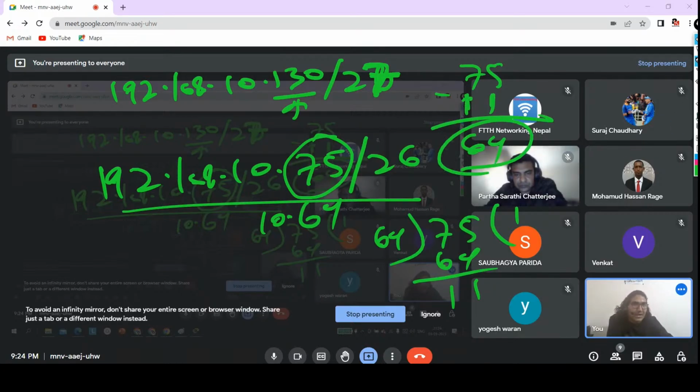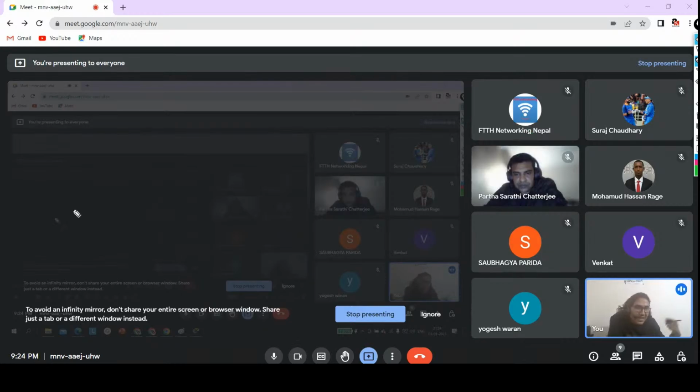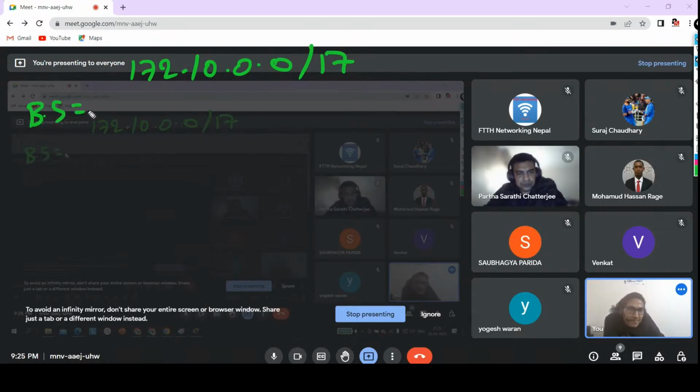Okay. Now I am going to take one example from class B. Suppose the IP address is 172.10.0.0. By default the CIDR value is /16. Here I am using /17. Can you tell me what the block size will be here? Again, the block size will be 128, because the subnet mask is 255.255.128.0.